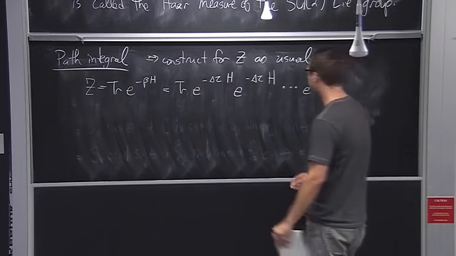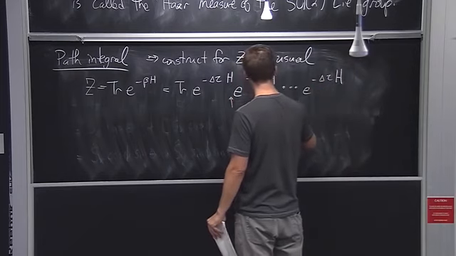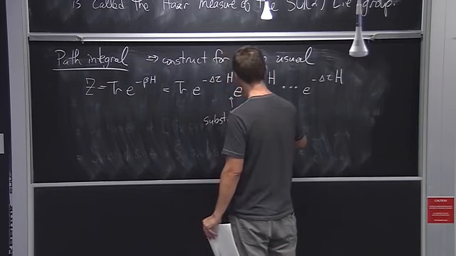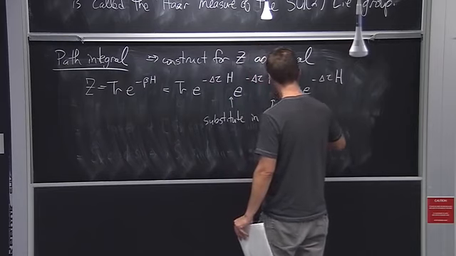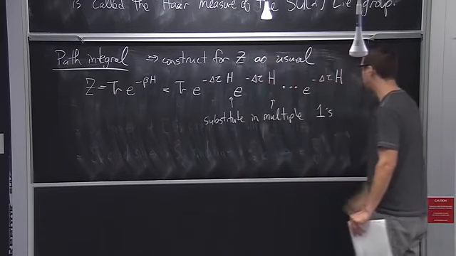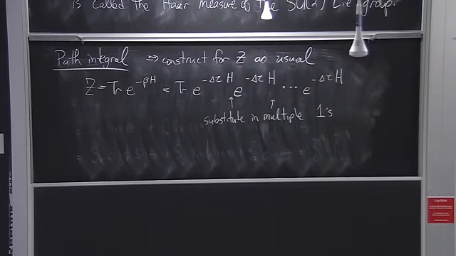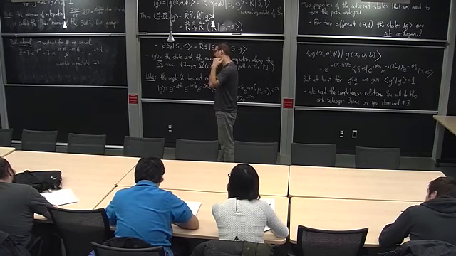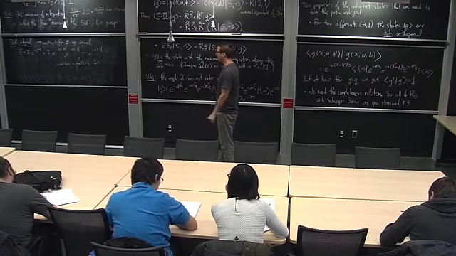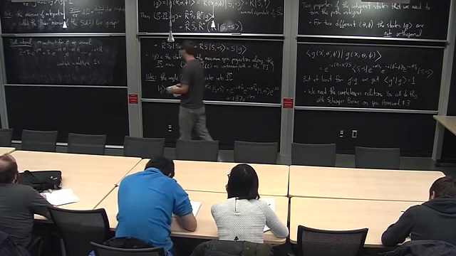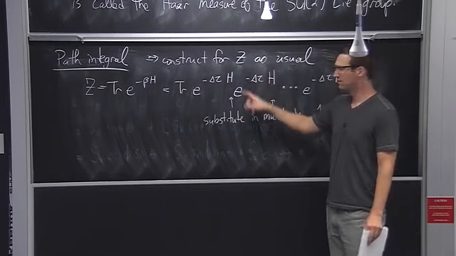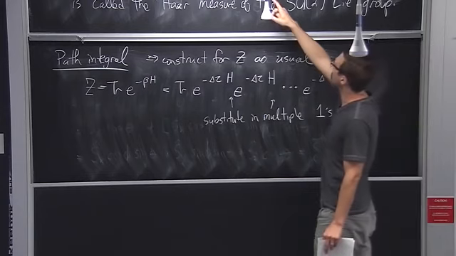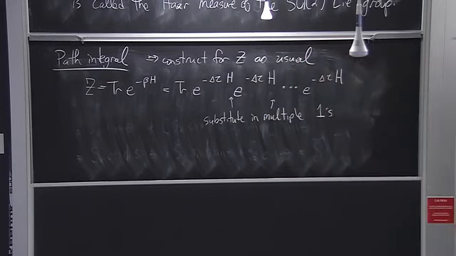And then we're going to substitute in between every one of these resolutions of the identity. So all that's the same, and in the end what you need to do is calculate the matrix element, just like we have before, of this operator in between a bra and ket defined by that resolution of the identity.